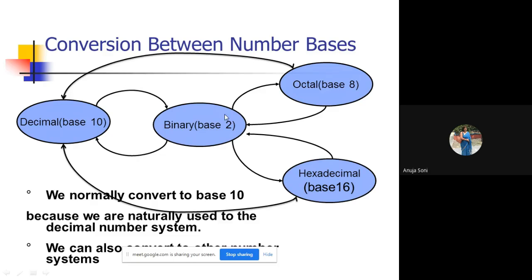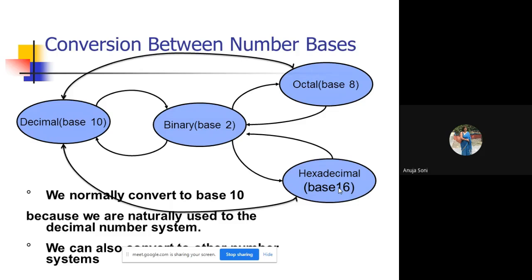Any other numbering system means it needs to be converted into binary, octal, or hexadecimal, or even any other base. If a base is given, it also can be converted into that base. So this case we are calling case 1. What is the way to convert a number from decimal to binary, decimal to octal, or decimal to hexa? So this is your first case.